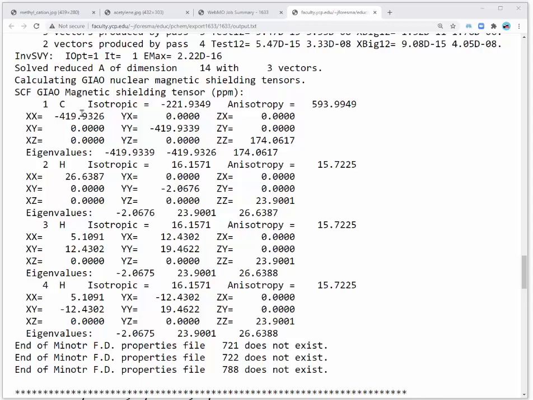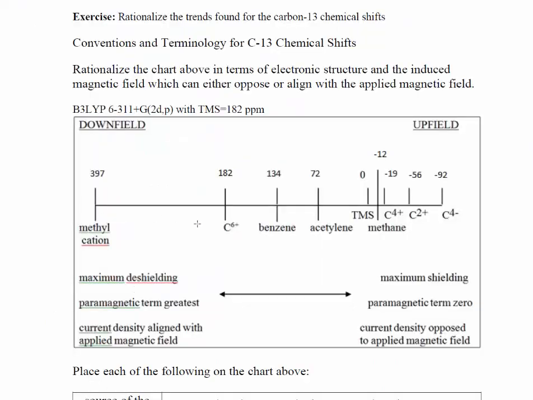It all averages out to be about minus 221, which puts it well downfield in the NMR. So I hope this overview of terminology gives you an idea of why things appear where they do, and also that you can dig into the Gaussian output file and find out more details about not only the shift, but how the different directions of the magnetic field affect that shift.